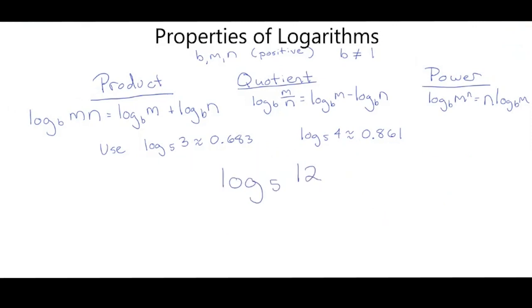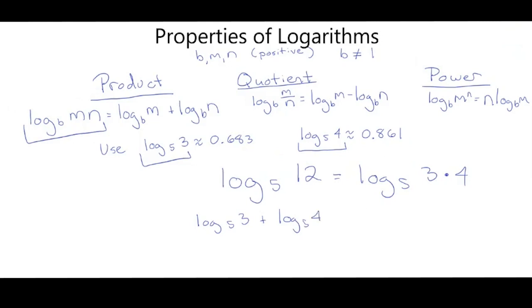So here I have log base 5 of 12. Well, all I have is log base 5 of 3 and log base 5 of 4. But this equals log base 5 of 3 times 4. And that's the product property. So I can rewrite this as log base 5 of 3 plus log base 5 of 4.